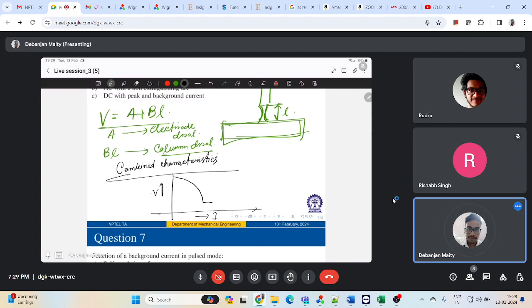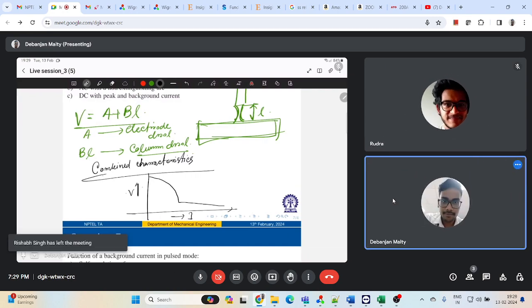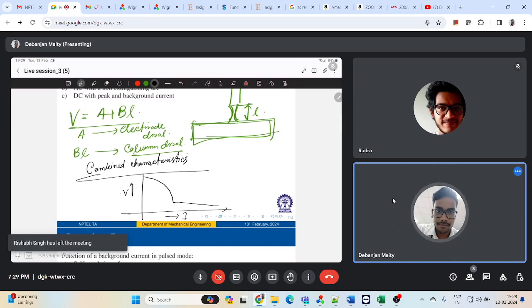Initially, this will be all drooping in character, then it will be flat in nature. So over here you have this OCV, then this is my constant current nature. This is my constant voltage nature. What is this point called?